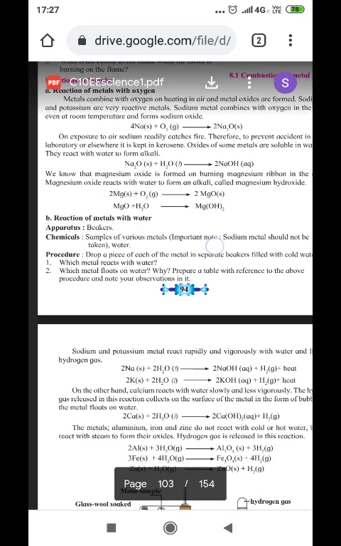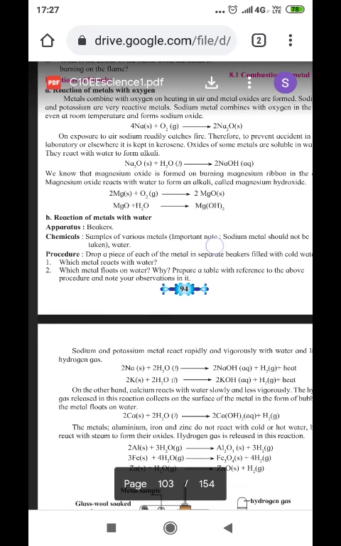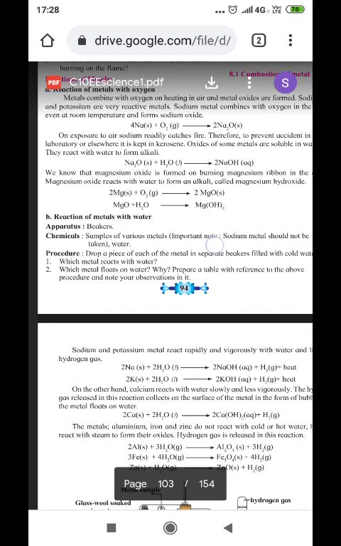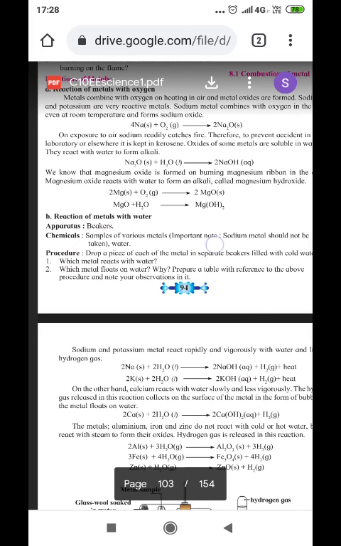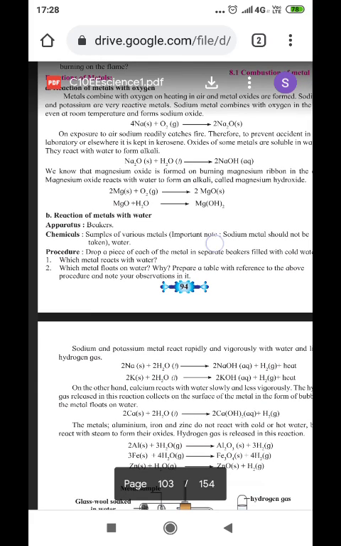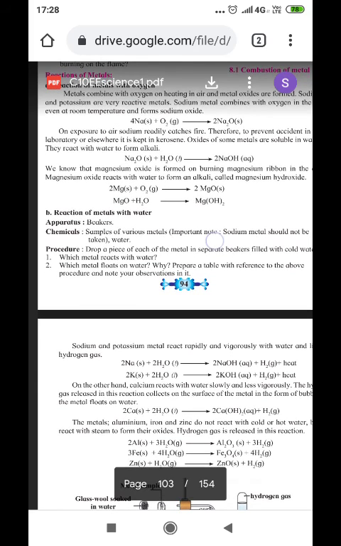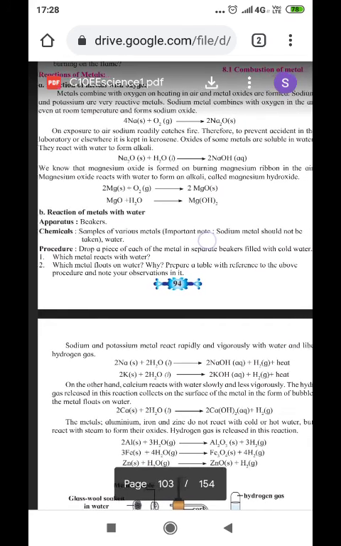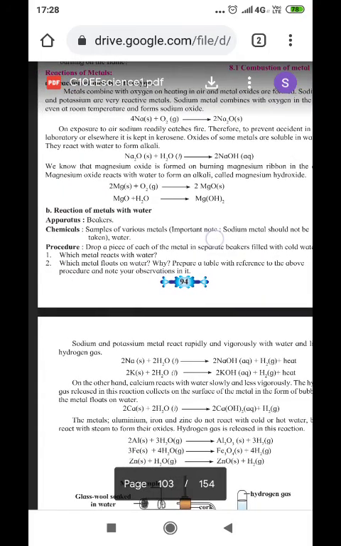You can see that it is written as 4Na. Na implies sodium. It is in the solid form, reacts with oxygen in the air in the gaseous form, and forms sodium oxide, which is again in the solid form. On exposure to the air, sodium readily catches fire, and therefore, to prevent accidents in the laboratory or elsewhere, it is kept in kerosene.